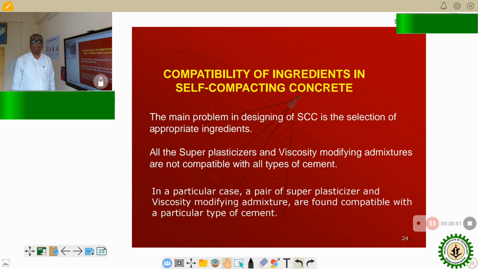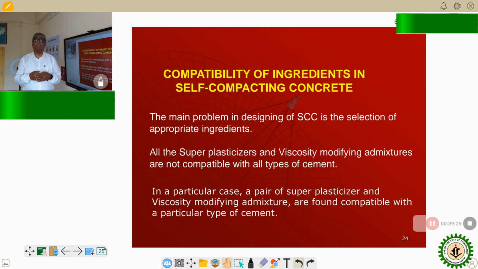But the only thing is that you have to be very careful when you are using this cement or some other chemical mixtures or mineral mixtures, whatever it is, the compatibility is a big problem. If they are not compatible, then problem. Suppose company X has got a plasticizer and company Y has got a cement.